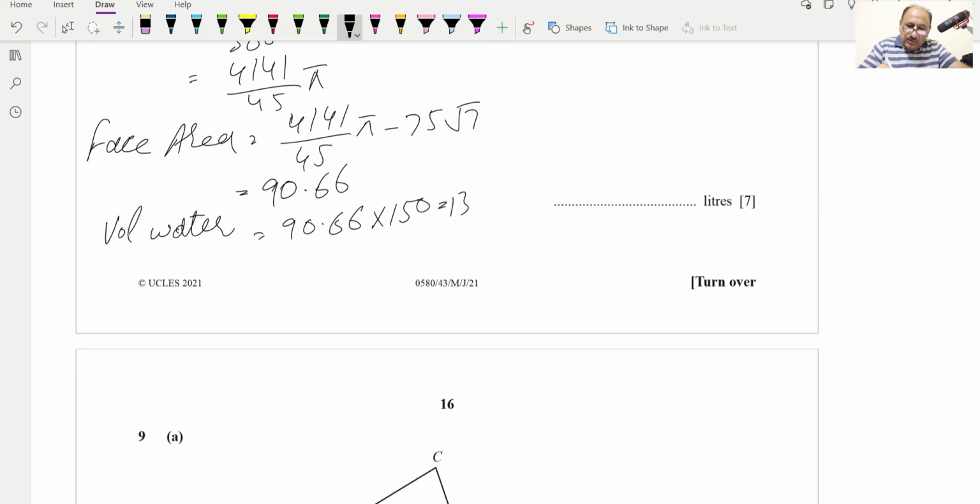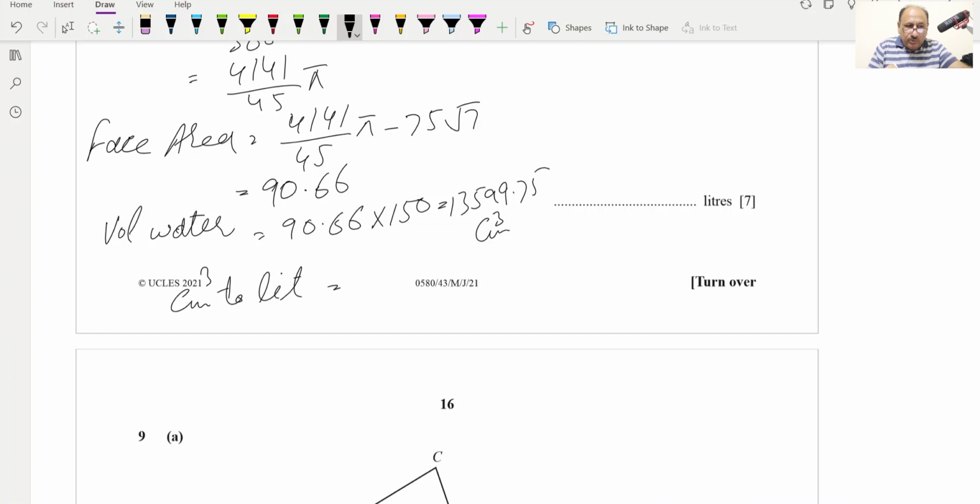This is equal to 13,599.75, and this is in centimeter cube. So we need to convert centimeter cube to liters.